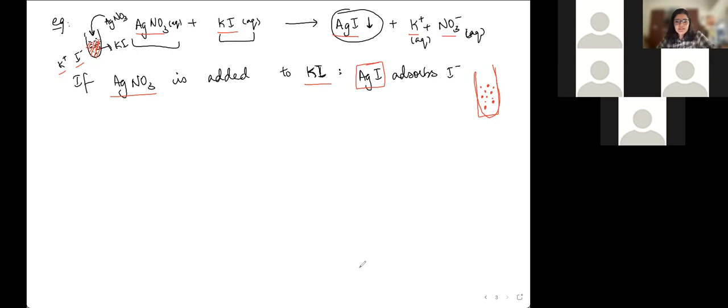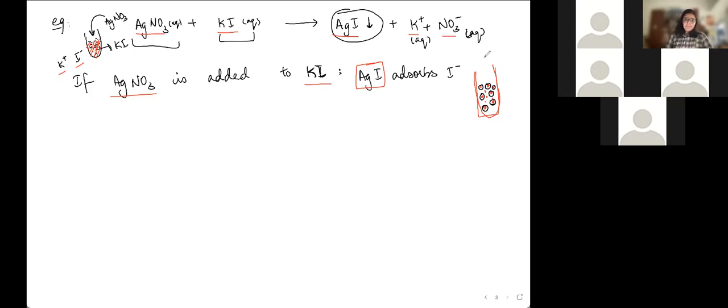This AgI will adsorb a bunch of I minus ions on its surface, accumulating around it. Because I minus ions are surrounding all the AgI particles, you end up getting a negative colloid.